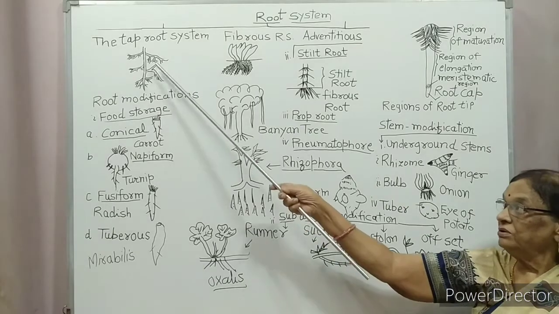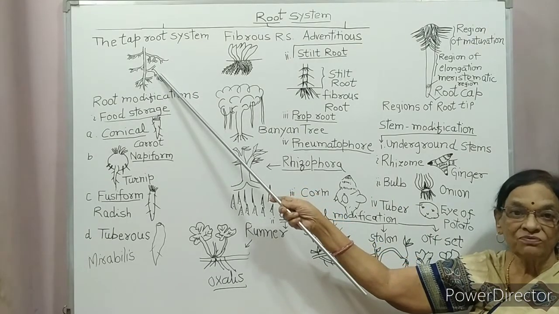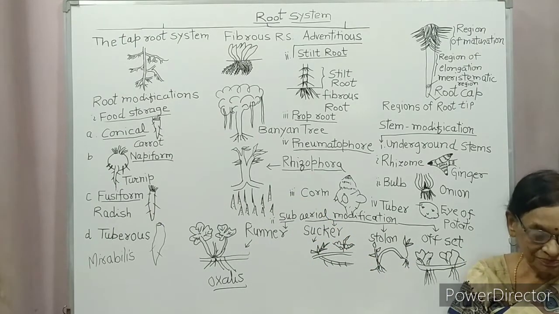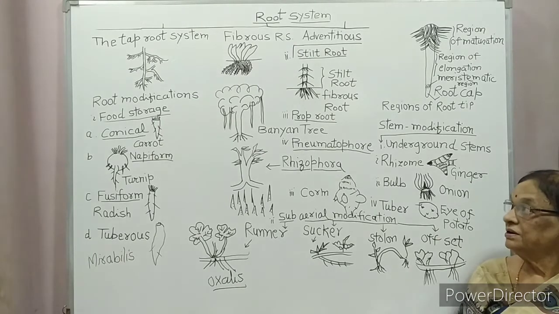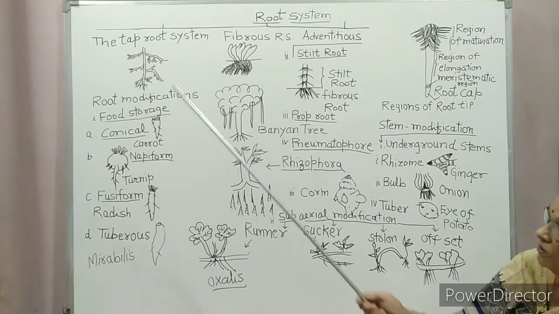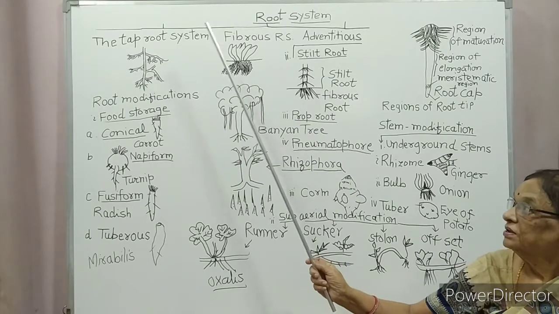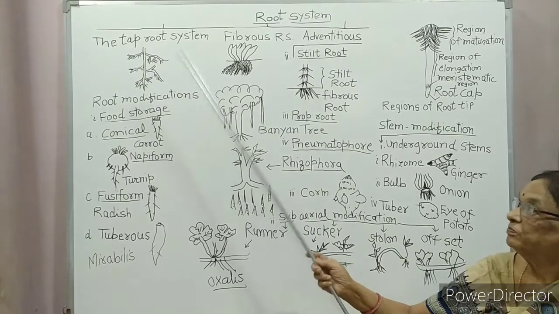So the main root and its branches together form the taproot system. So what is the taproot system? Main root and its branches together form the taproot system. It is a characteristic feature of dicot plants.